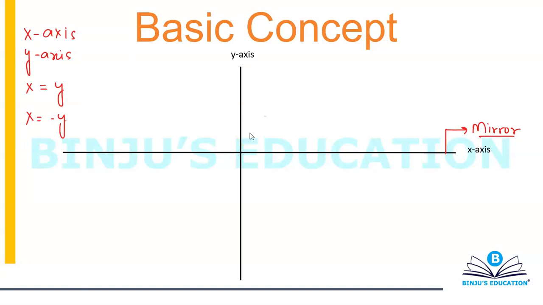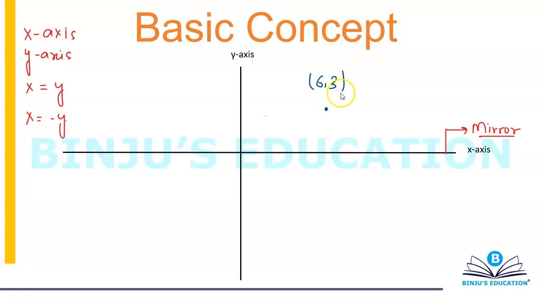Alright, now let's suppose you take up a point. This is a coordinate plane, so you take up a point, let's suppose somewhere here, and this point has coordinates 6, 3. Now this is something we discussed in the basics of coordinate geometry, that when you talk about the x coordinate and the y coordinate, x coordinate is the perpendicular distance of the point from y-axis, and y coordinate is the perpendicular distance of the point from x-axis.